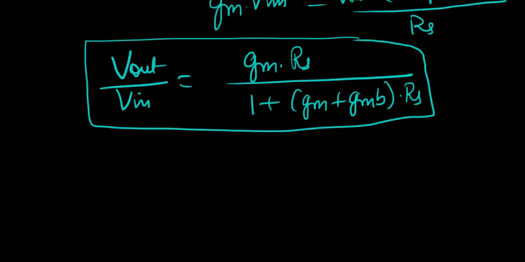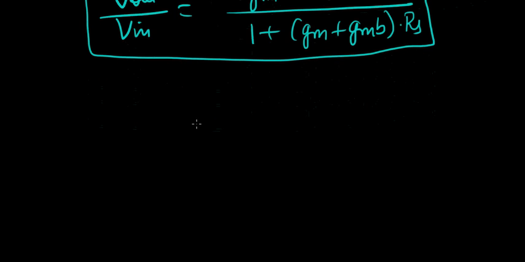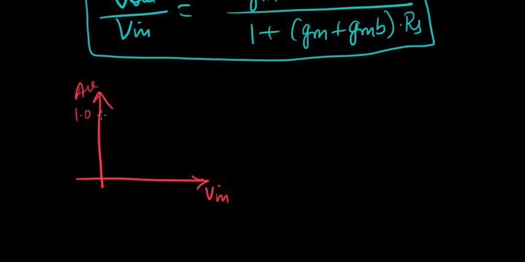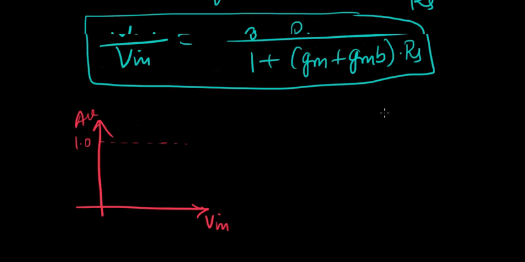I'm sure I've done this in the last lecture, but just to recap again, if we have to plot the gain versus the input voltage, this is just 1, and let's look at this equation here real quick.